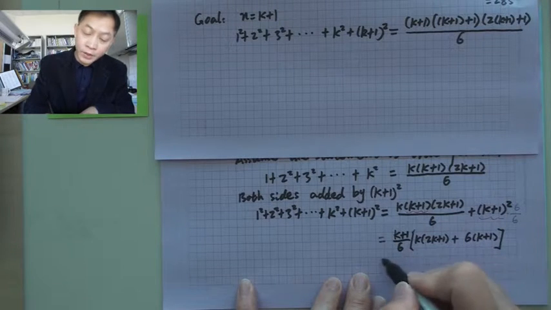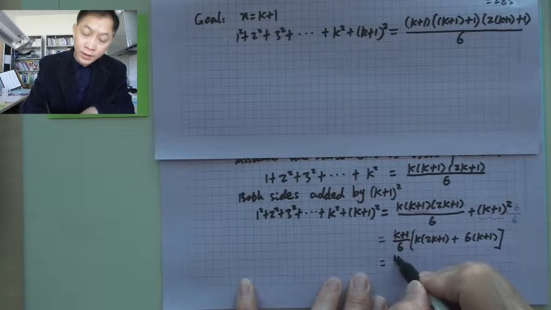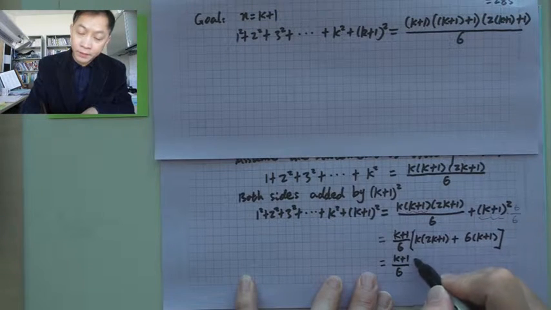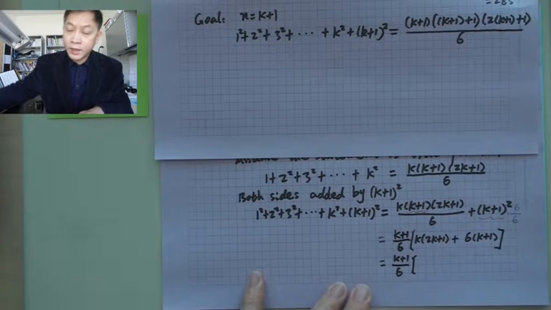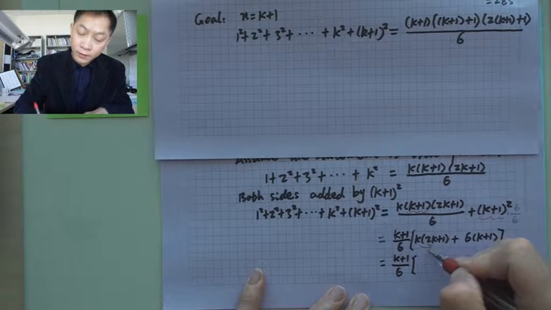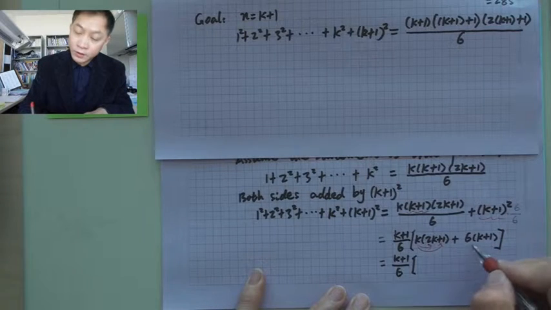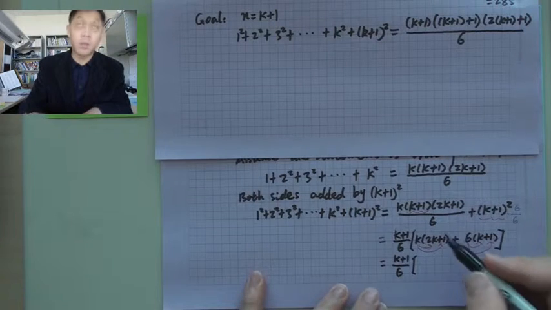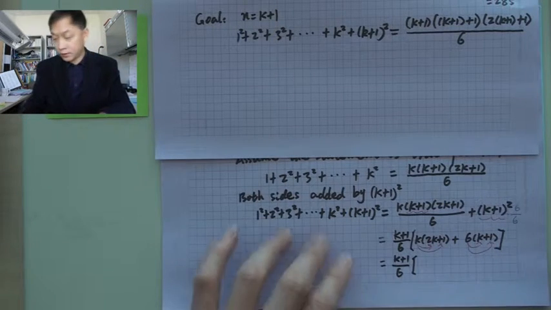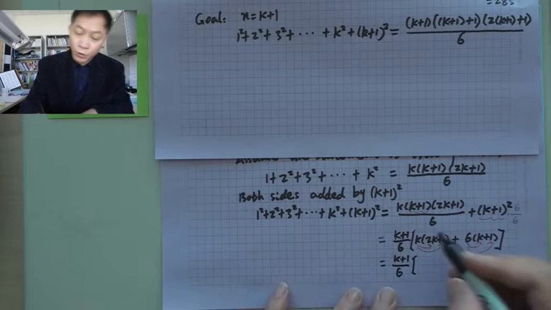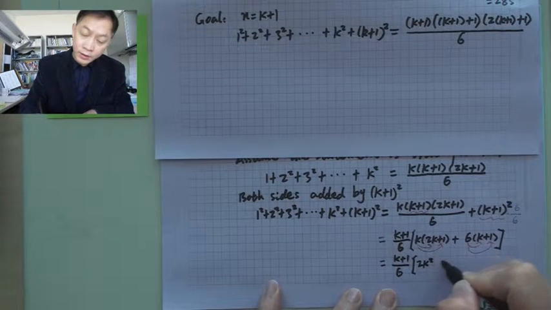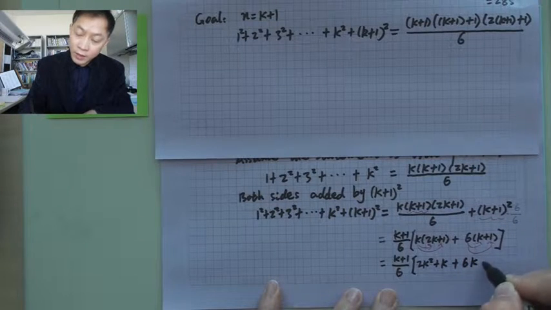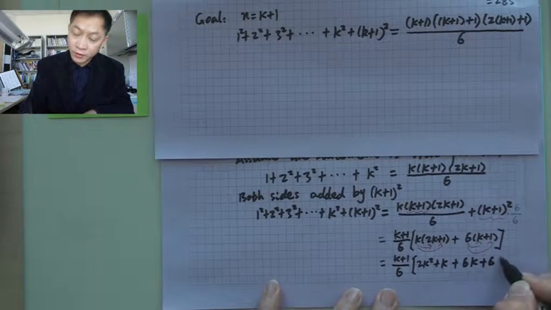Okay, so what do we have? We have k plus 1 over 6, and then k times 2k, k times 1, 6 times k, 6 times 1. Distributive property. Okay. So we have 2k squared plus k plus 6k plus 6 times 1 is 6.